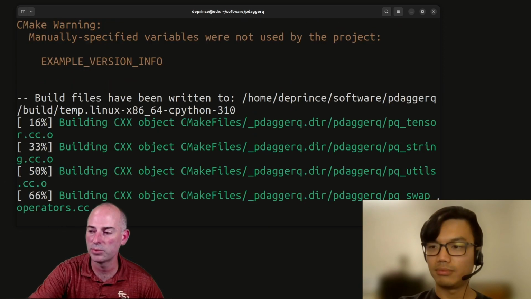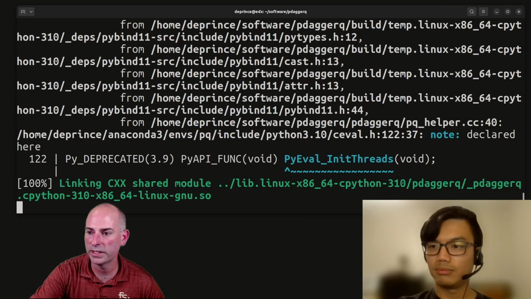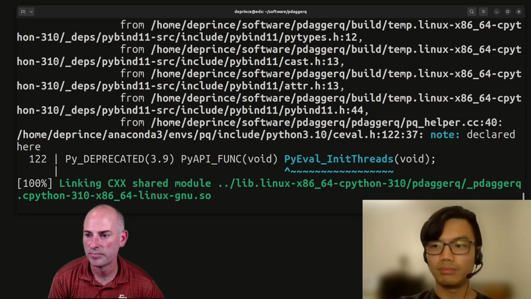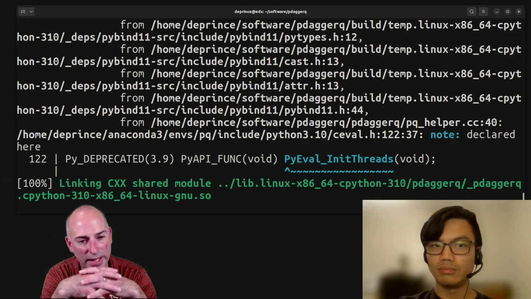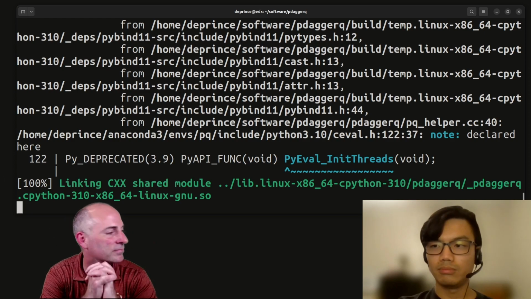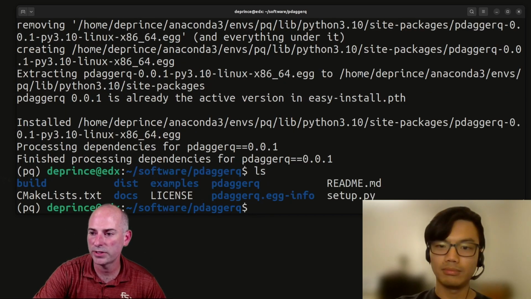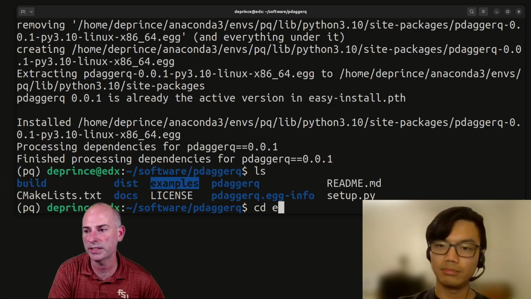It builds all the C++ machinery. It complains about some things. And then we cross our fingers that it actually compiles. It did. Great. There's an examples directory, which has a gazillion examples in it.